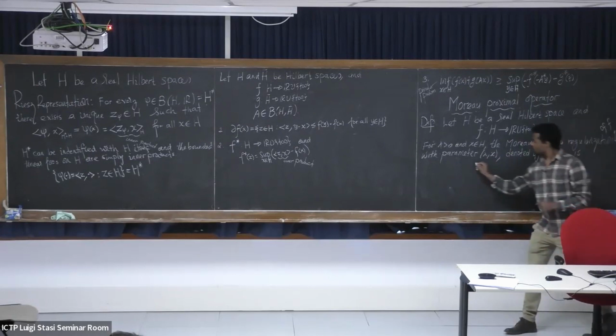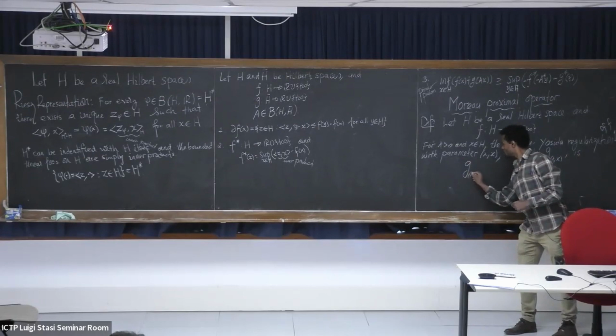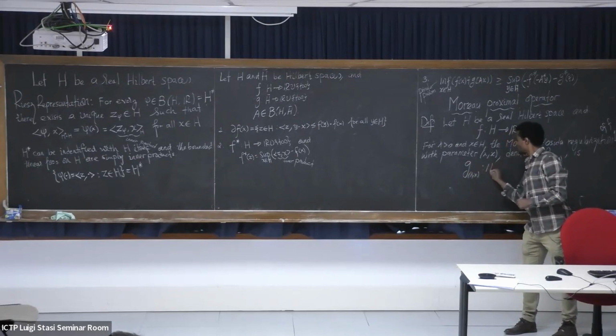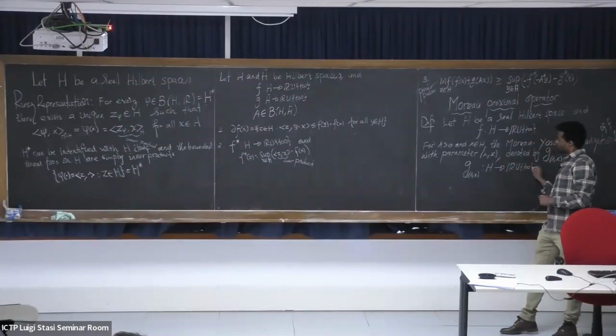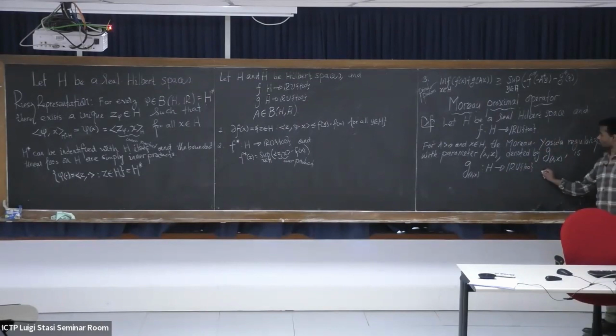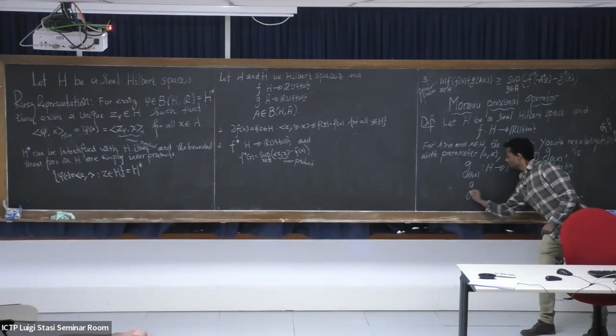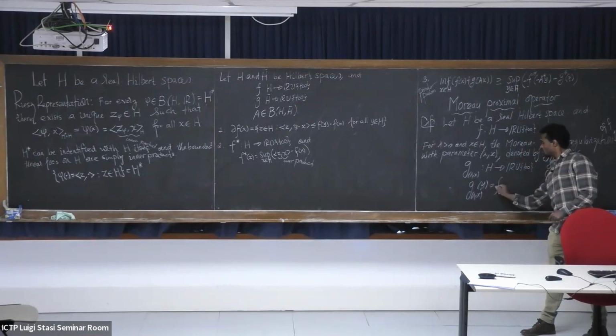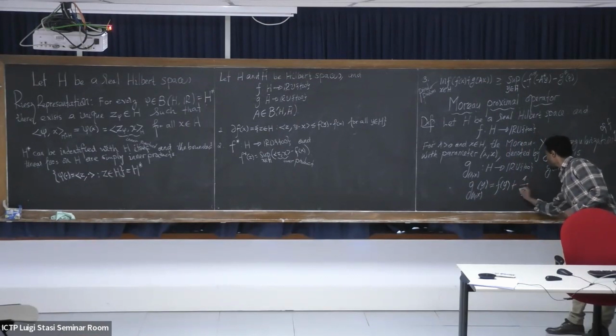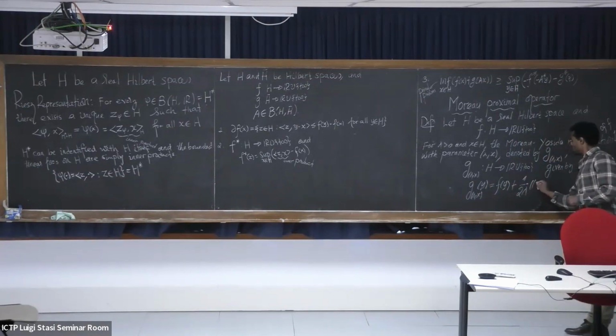It is a real-valued function, it also maps from H to the reals, and is given by this: the Moreau-Yosida regularization at a point y is f of y plus 1 over 2 lambda times the norm of x minus y, the whole squared.